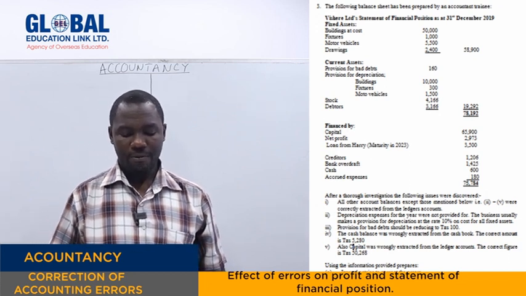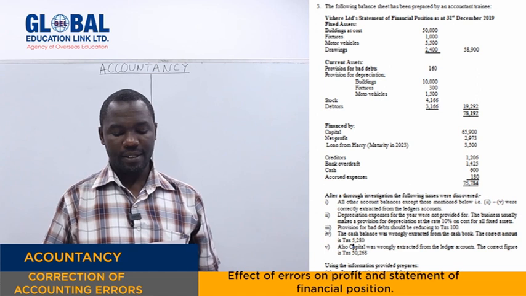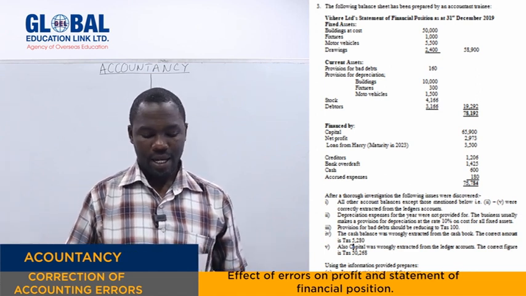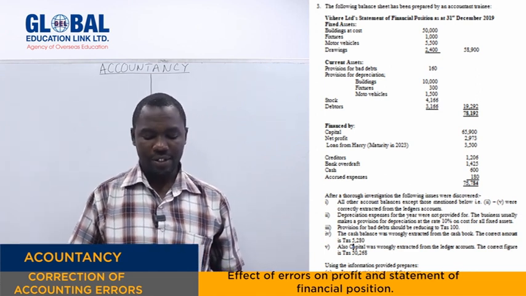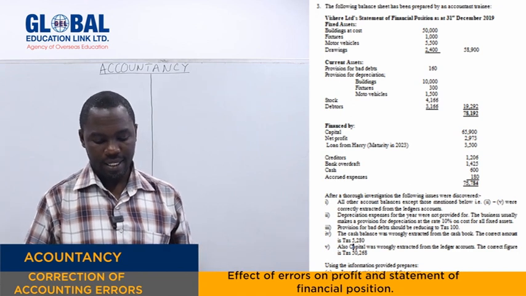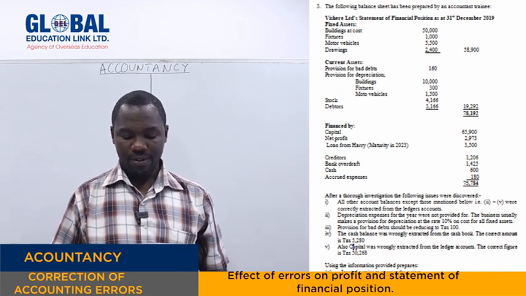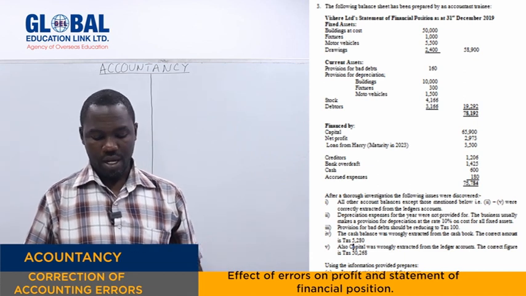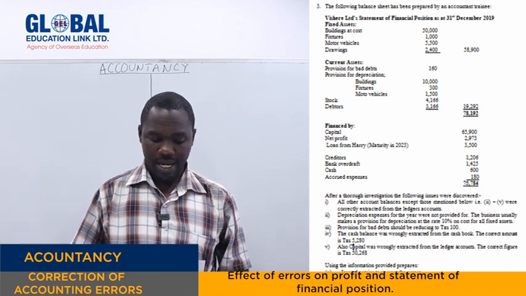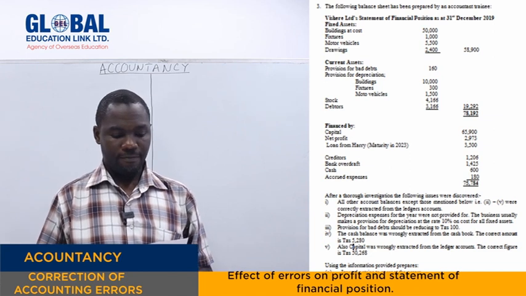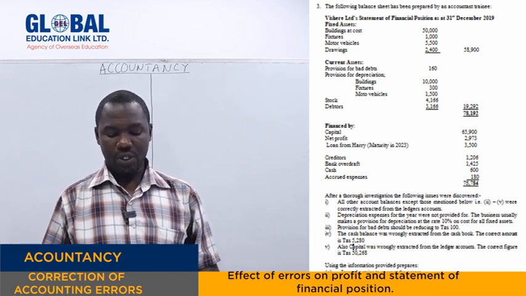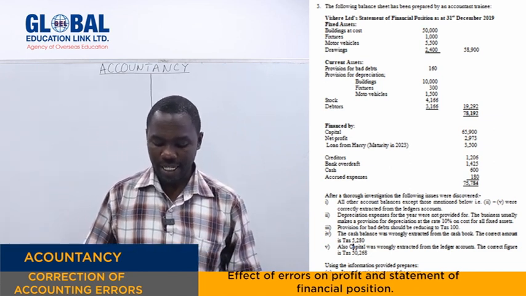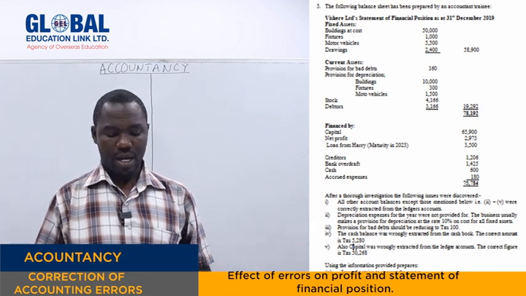Stocks were 4,166, and debtors were 3,166 again, making a total of 19,292. So if you add up the current assets with fixed assets, you get a total of 78,192.